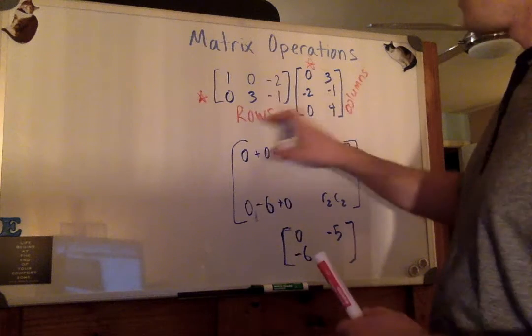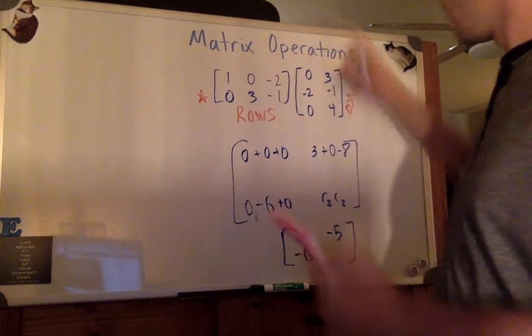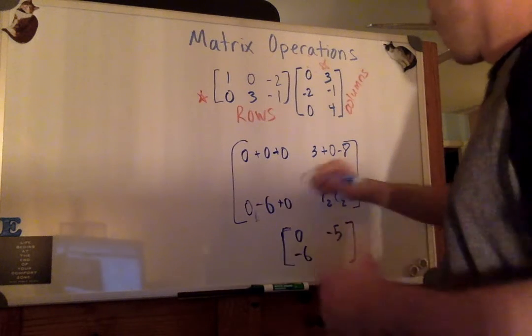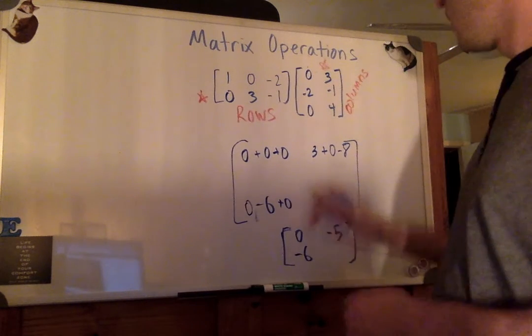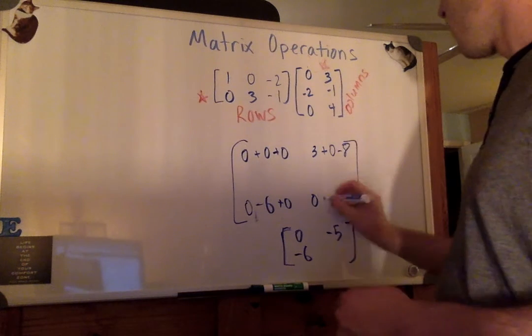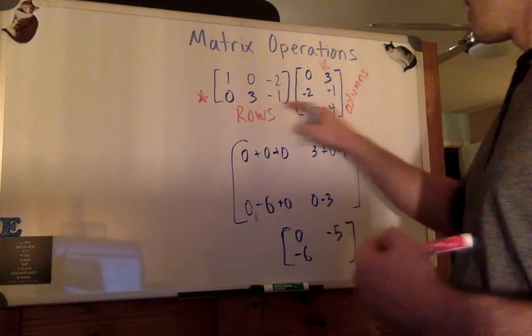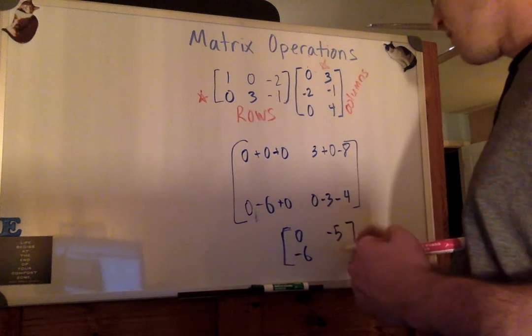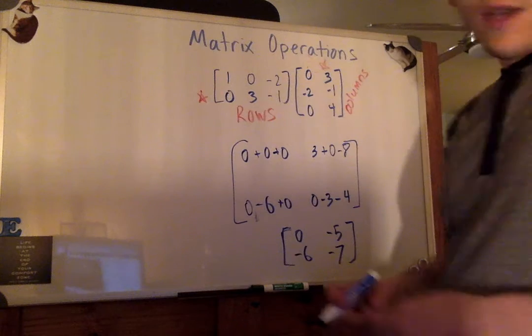And last but not least, row 2, column 2. Row 2, column 2 will be defined by this term times this one, which is a 0, 3 times negative 1, which is a negative 3, and negative 1 times 4, which is a negative 4. Negative 3 minus 4 is a negative 7.